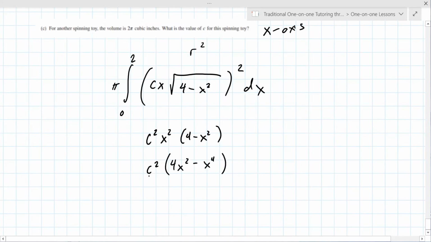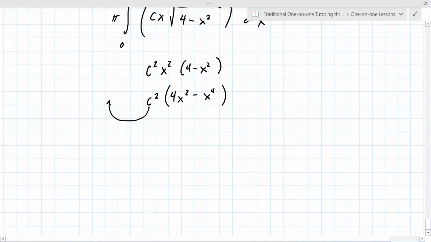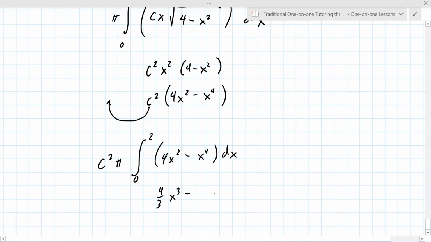This is about the time I would pull this out because it's going to be useful for later on. 0 to 2, 4x squared minus x to the fourth dx. So that's 4/3 x cubed minus 1/5 x to the fifth, evaluated from 0 to 2.